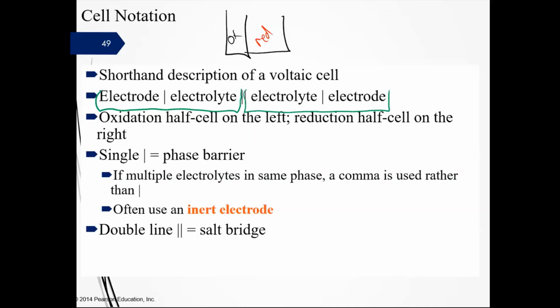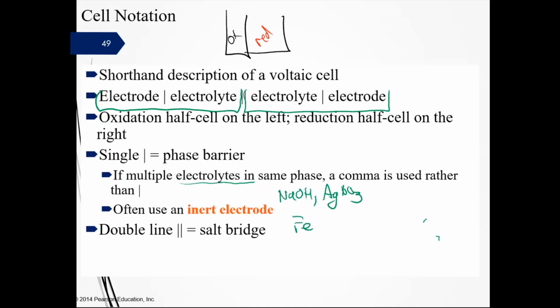Now, if we have multiple electrolytes, then we might see commas used on one side of the bar over the other. Or if there's no electrode, we might see something like that.